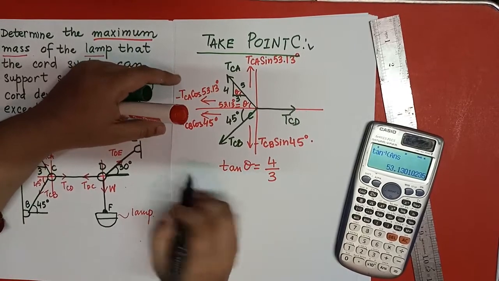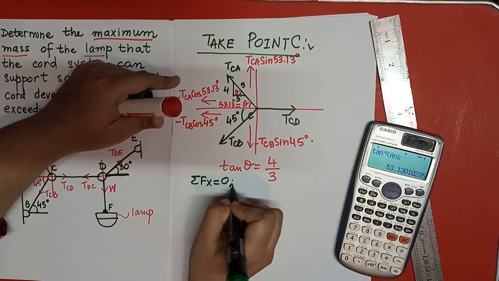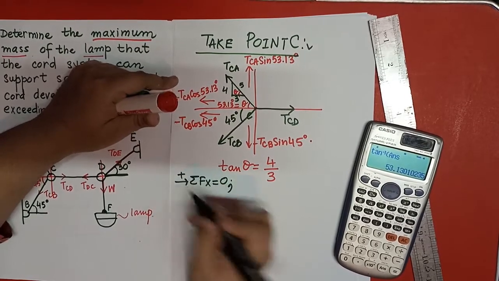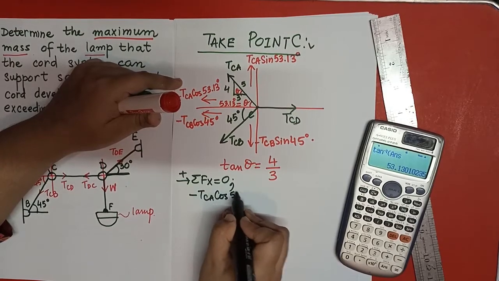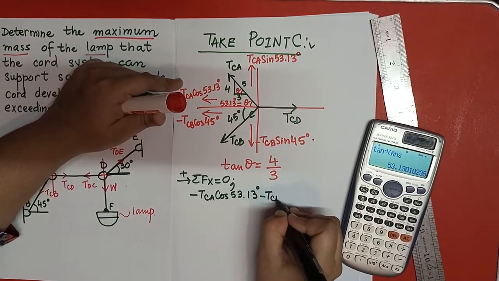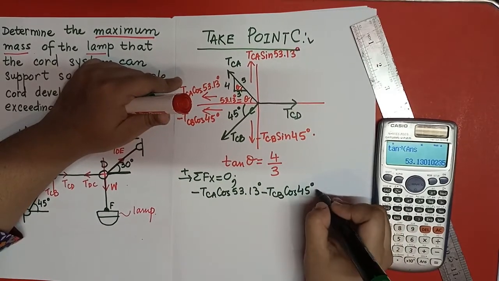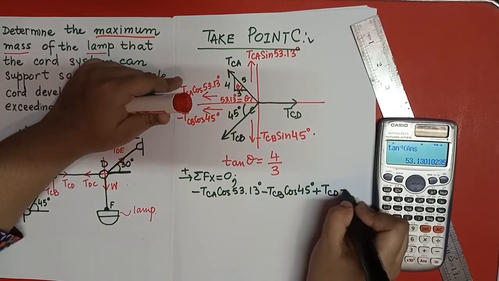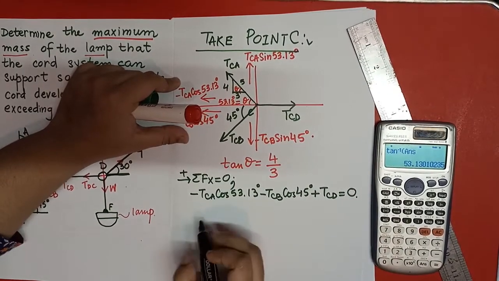If you want to sum up the vertical forces first, it will be okay, no problem, and if you want to sum up the horizontal forces, it will also be okay. So TCA cos of 53.13 degrees minus TCB cos of 45 degrees, and not minus, it is plus TCD equals 0. So I have to take all these terms to the opposite side.